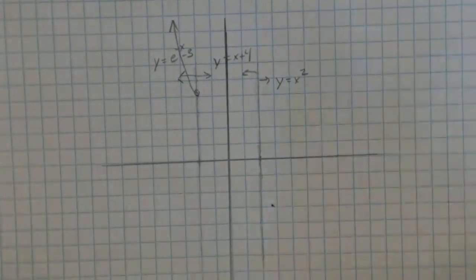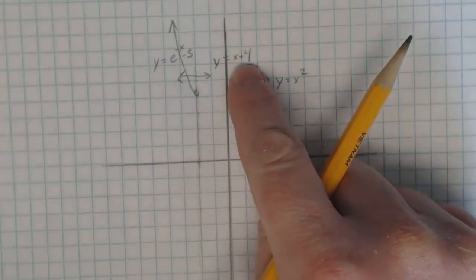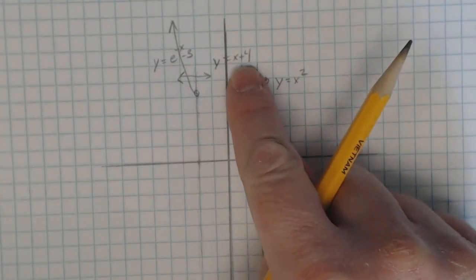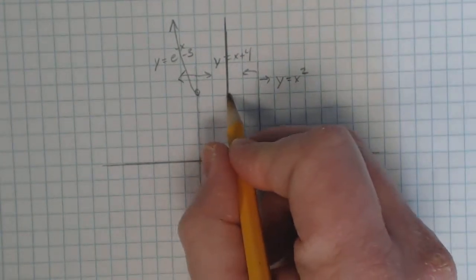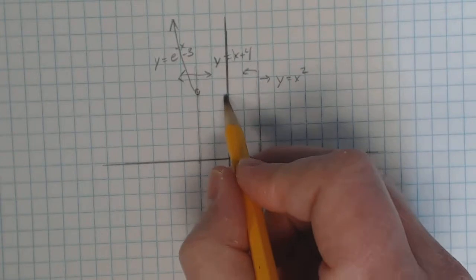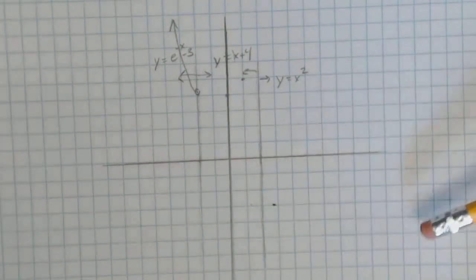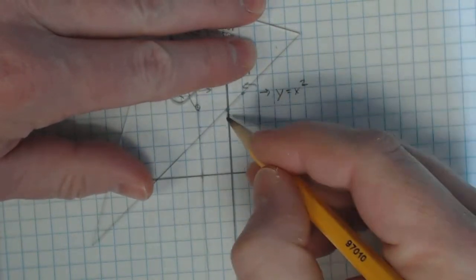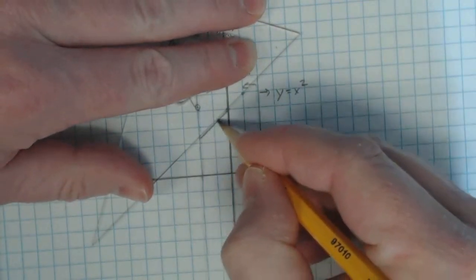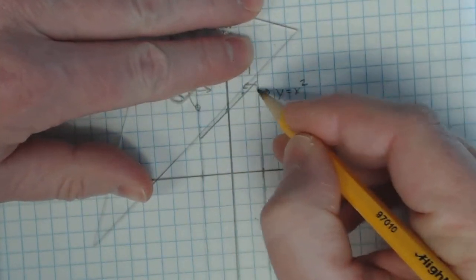So there's that part. What about x plus 4? Your y-intercept is at 4. 1, 2, 3, 4. And then your slope is 1, so up 1 over 1. And remember, we only want it from that imaginary line to this one.